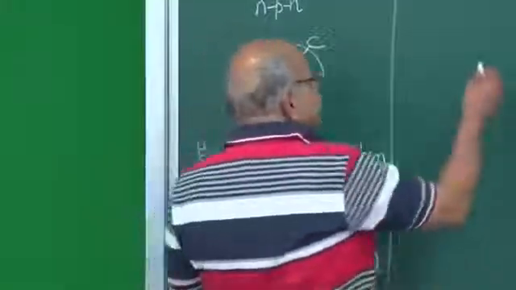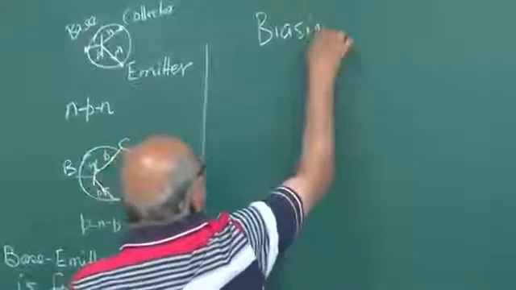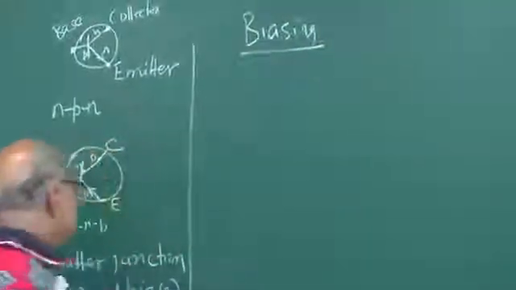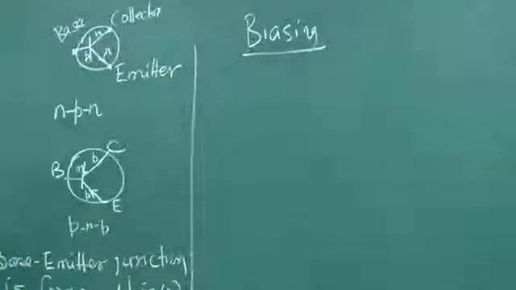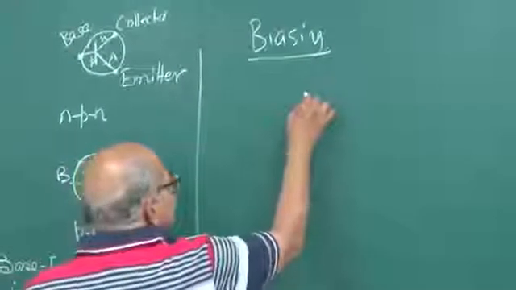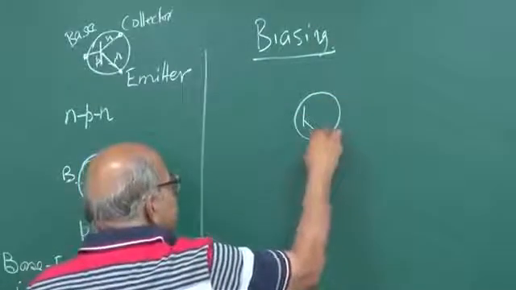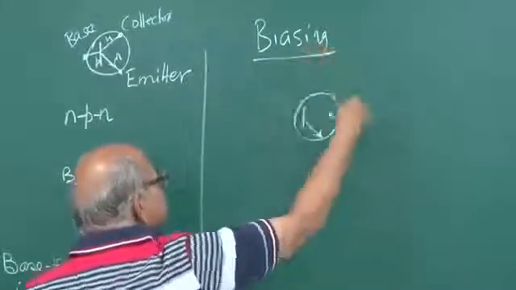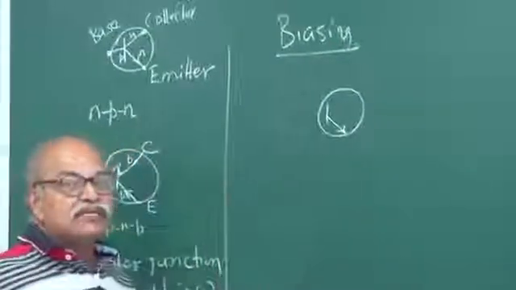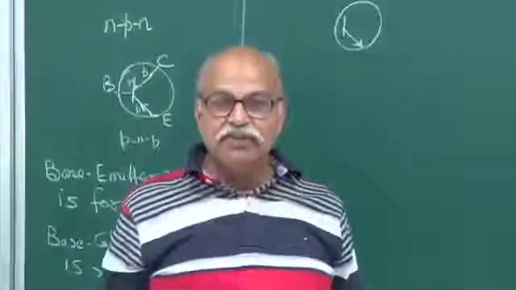So, that biasing in this fashion can be achieved in several manners. One possibility is that you take this transistor, and this is the emitter side. I am talking in terms of NPN, but the same description will be valid for PNP also.